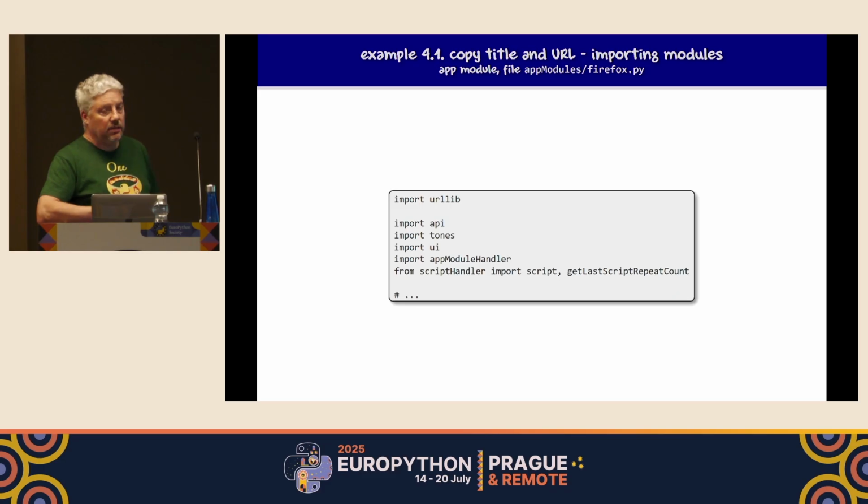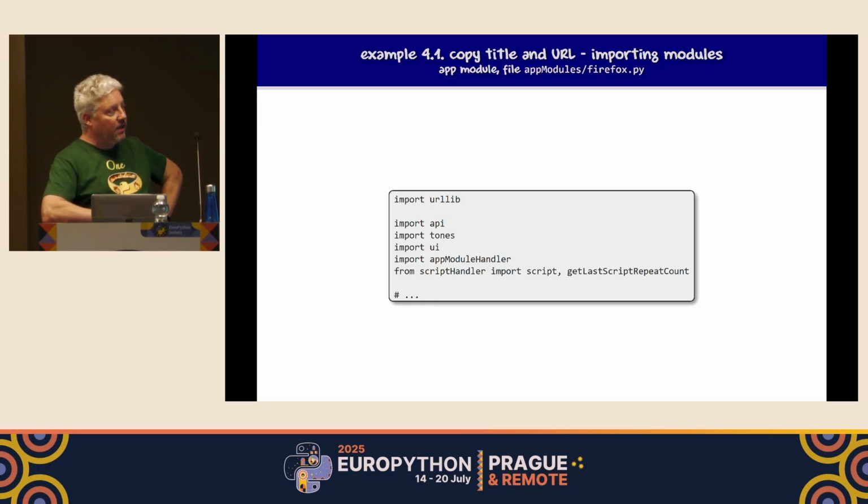Okay, in this case, this is the most complex example that I have here. I will read the title and the URL of the current web page. This is for Firefox in this case. When I read this, anyway, I don't have internet, but I will do my best.